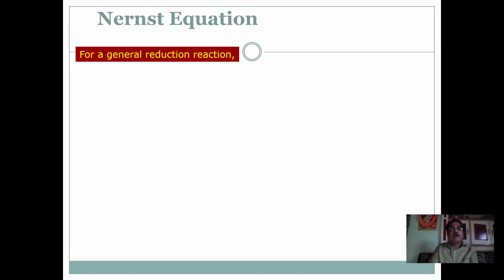For a general reduction reaction, a metal ion M raised to n plus accepts n number of electrons to produce M solid.